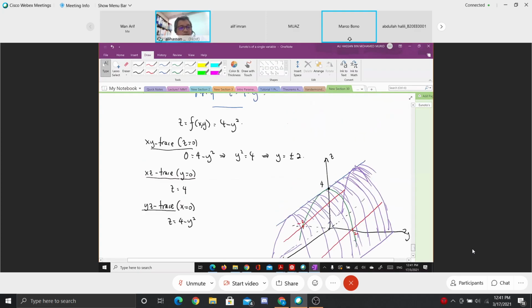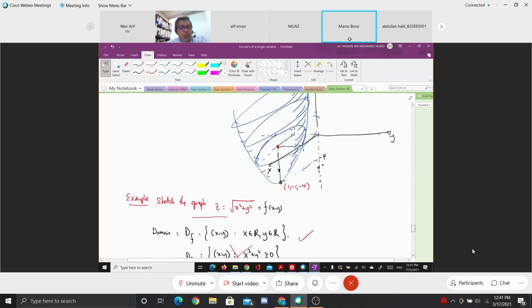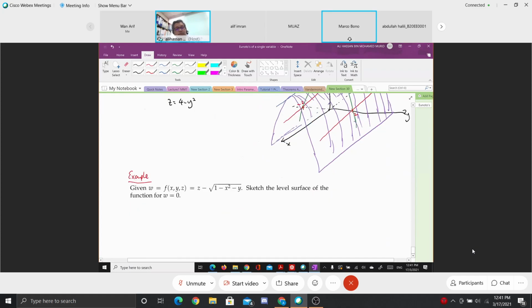For this example or the previous example? For the example you're doing now, the new example, the three variables. The question asks to sketch the level surface of the function.